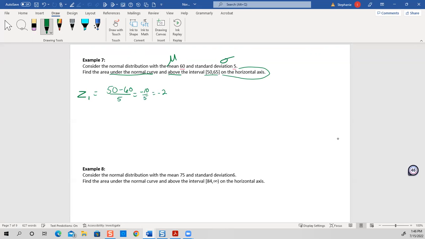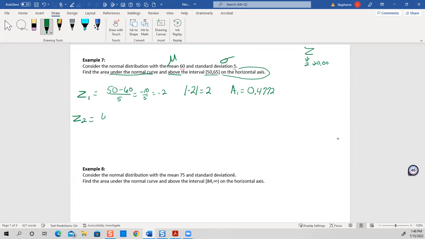So when we go to the z-table, remember, we need to look at the absolute value of that, which is positive 2. When we go to the z-table, we'll notice that the area at 2, so we go down to 2, cross 0.00, we get an area of 0.4772.